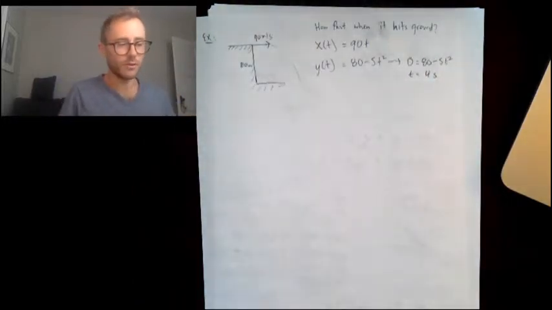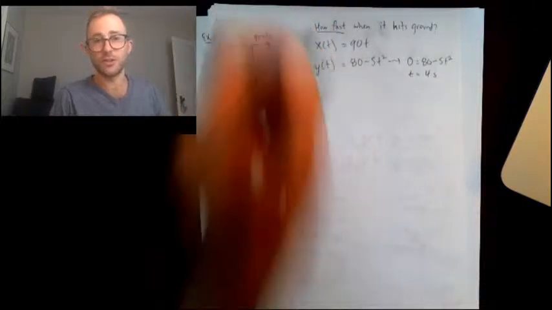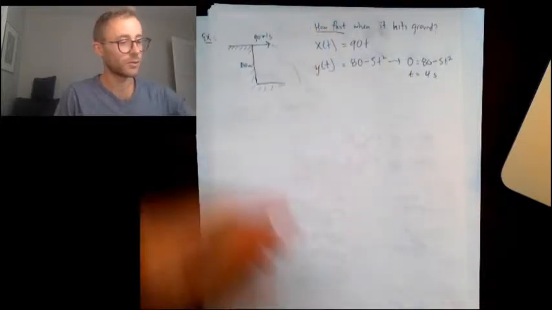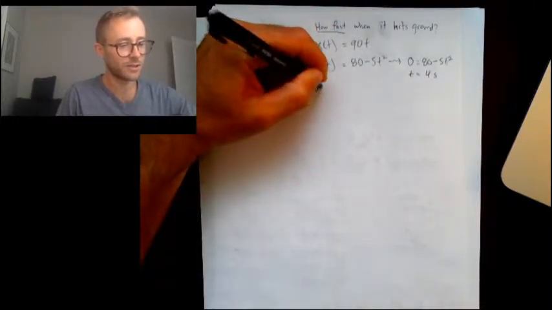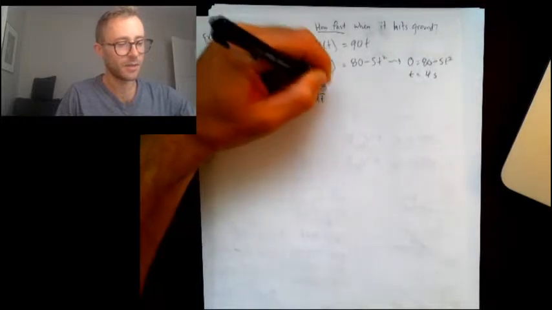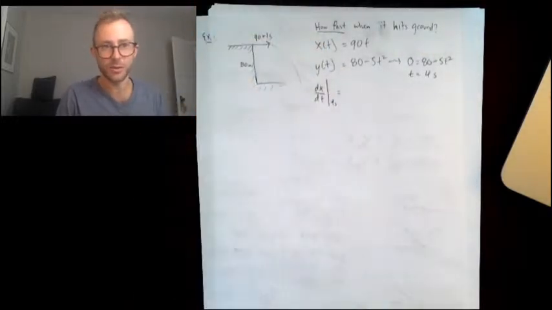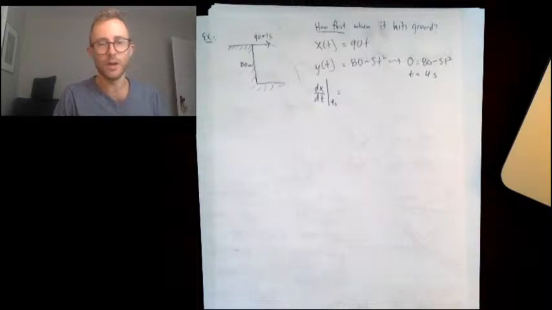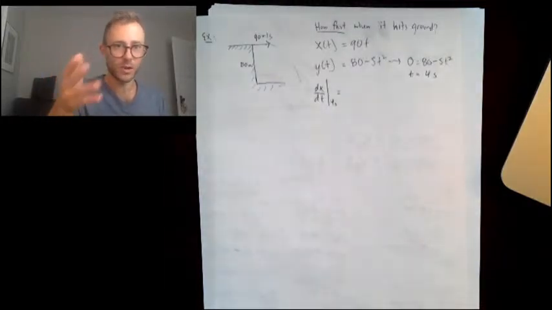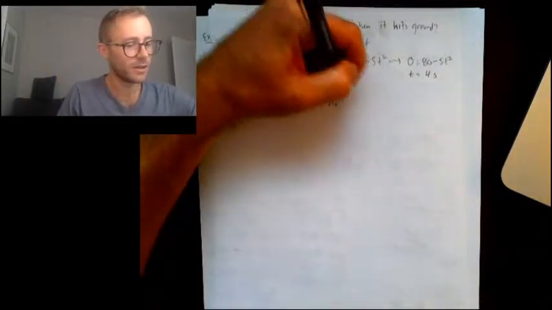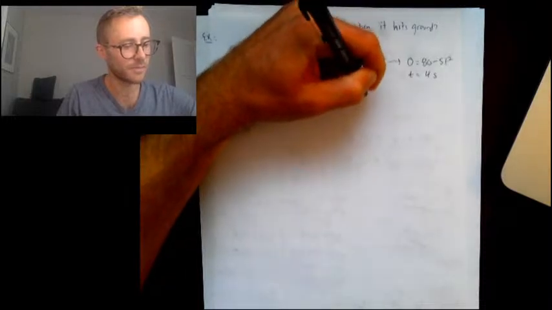So now if I want to know how fast, that's the speed when it hits the ground, I'm going to take dx dt and evaluate it at 4 seconds. What is the x component of the velocity at the time where it hits the ground? That would be 90 meters per second.